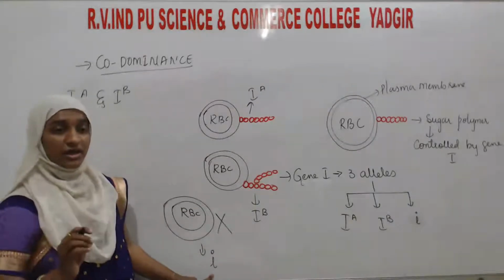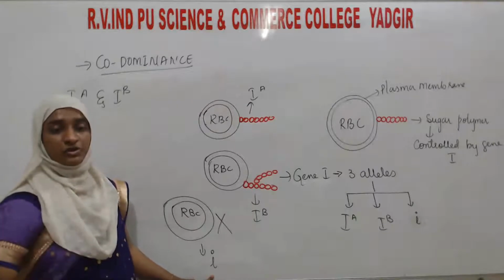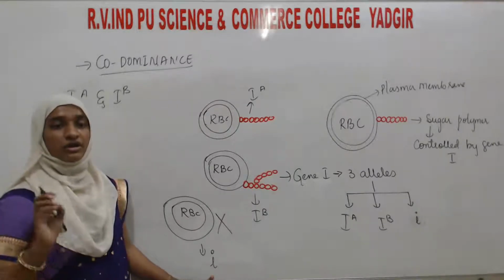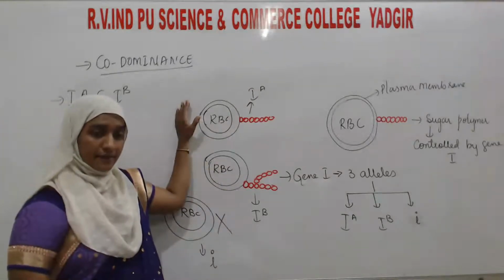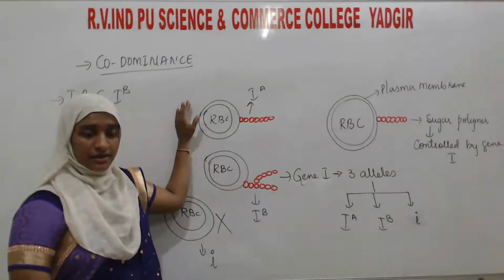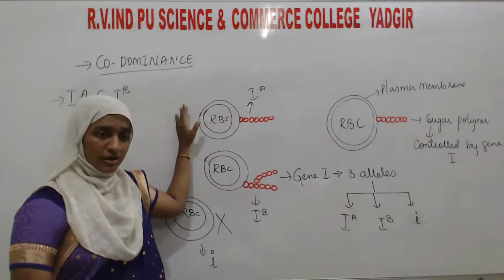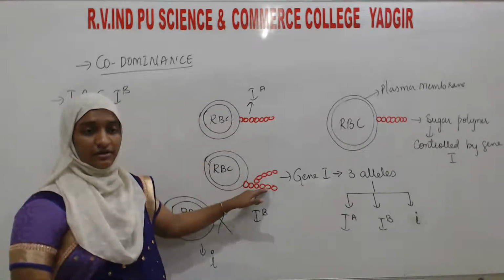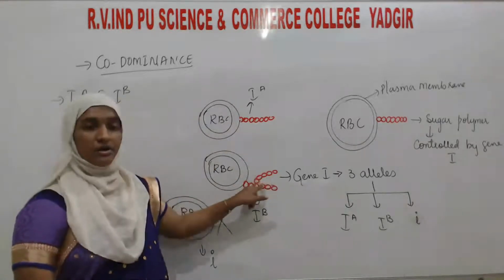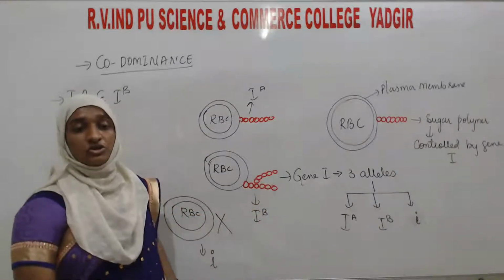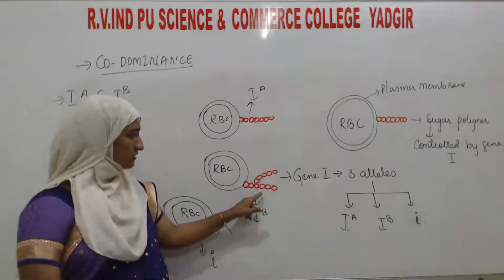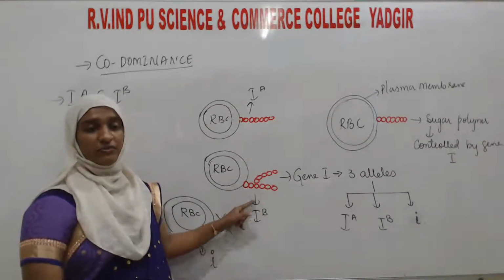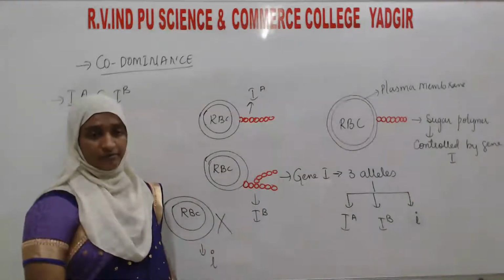This gene small i does not produce any sugar molecule or sugar polymer. But the allele IA produces a sugar polymer, and slightly different means here a branched chain of sugar polymer is seen, which is produced by the gene IB.